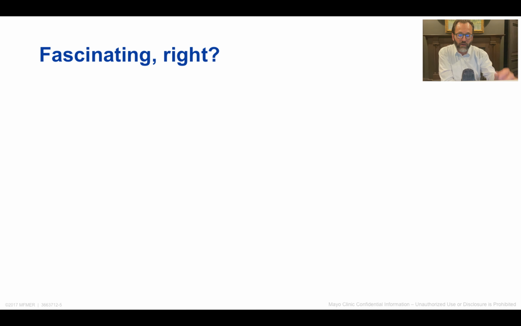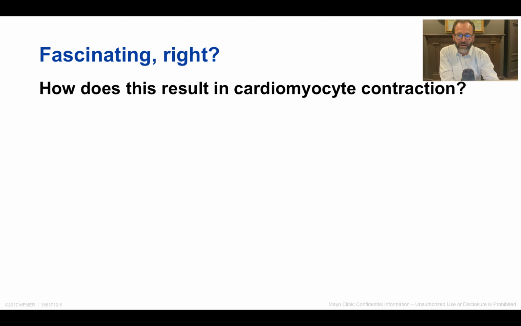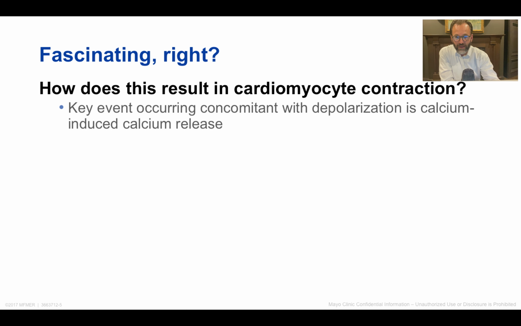So, again, I think you could say, well, that's totally fascinating, right? But at the core of what we're trying to get to today, the big question is, how does this actually result in cardiomyocyte contraction? And the core mechanism and the key event that occurs concomitant with this depolarization and the influx of calcium into the cell is a process called calcium-induced calcium release.